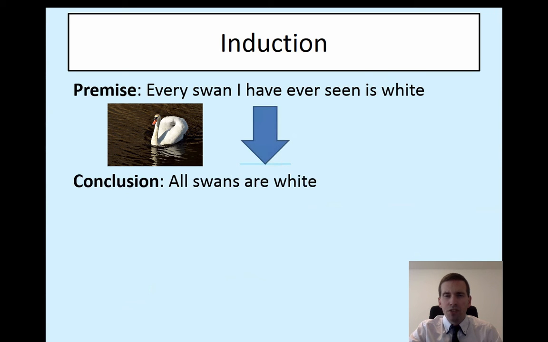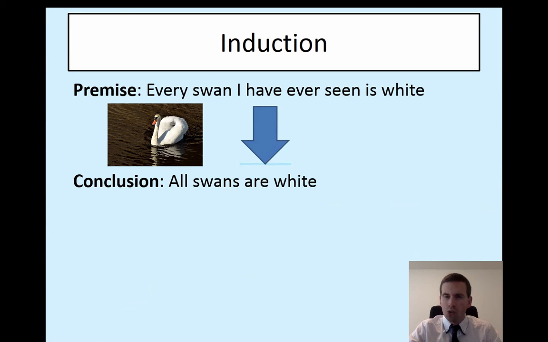Now from this, you could conclude that all swans are white. This would be an example of inductive reasoning. So you've gone from the particular pieces of information, and you've generalized the concept in your conclusion.